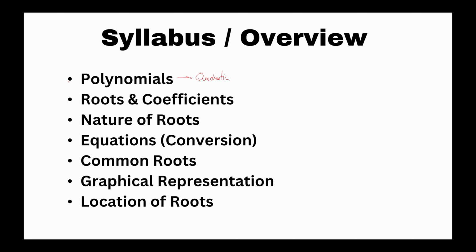Then we will look at a few common roots, graphical representation and location of roots. Again, a few more topics. All these topics I very well know you all have covered during your class 10th. Apart from graphical representation, you all know a very good brief about this chapter. So it isn't going to be a very new topic for you to learn. So without further ado, let's start.